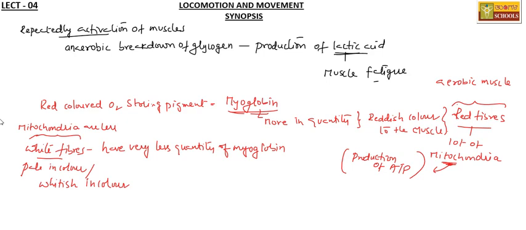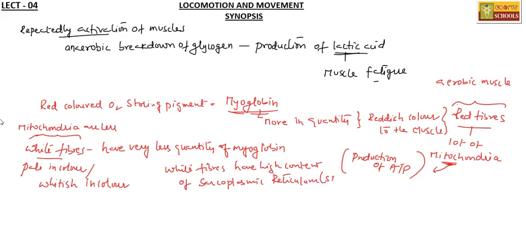The endoplasmic reticulum in the muscles is what we call the sarcoplasmic reticulum. So the white fibers have a high content of sarcoplasmic reticulum, in short SR.